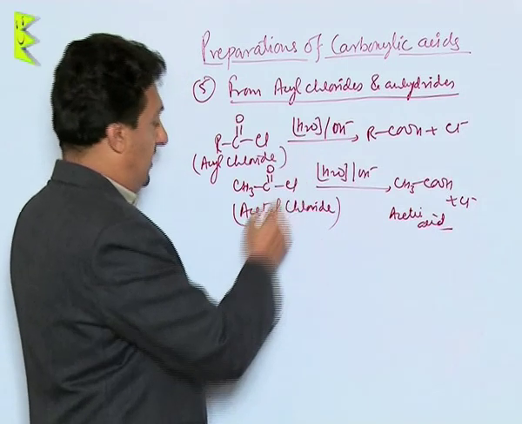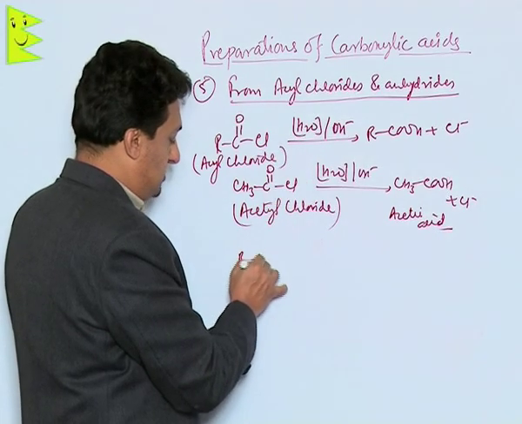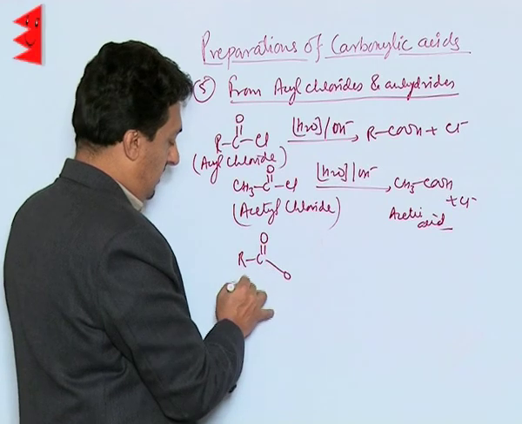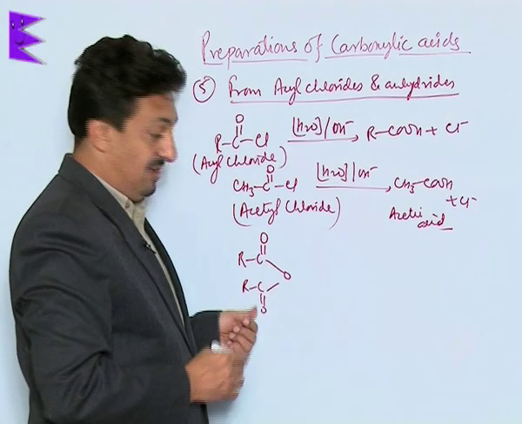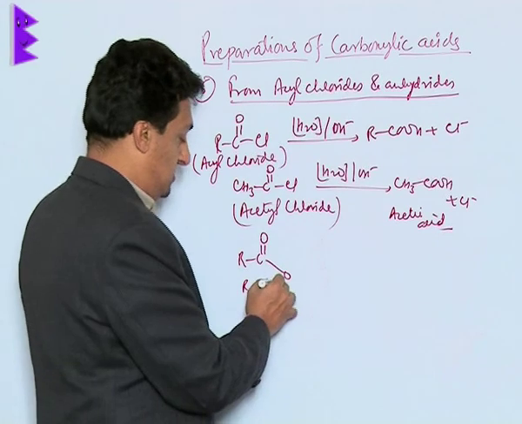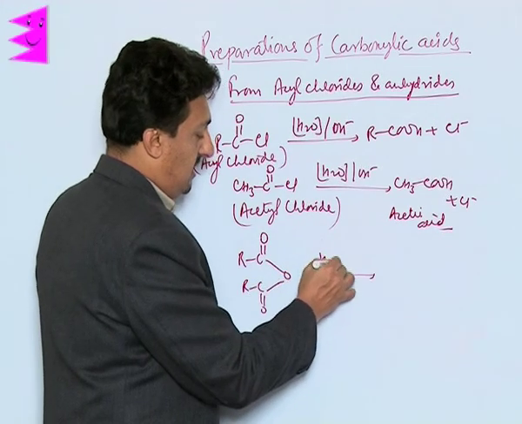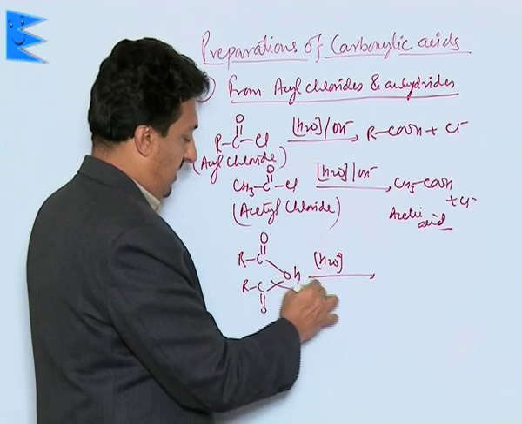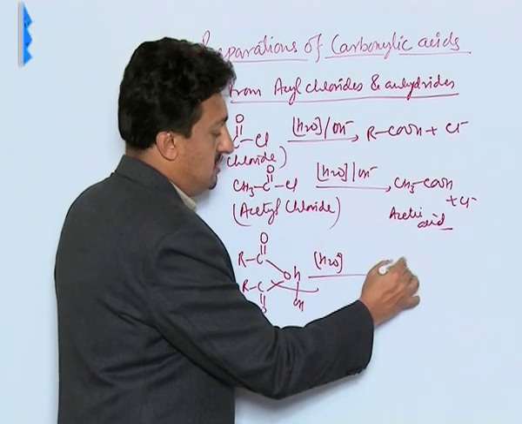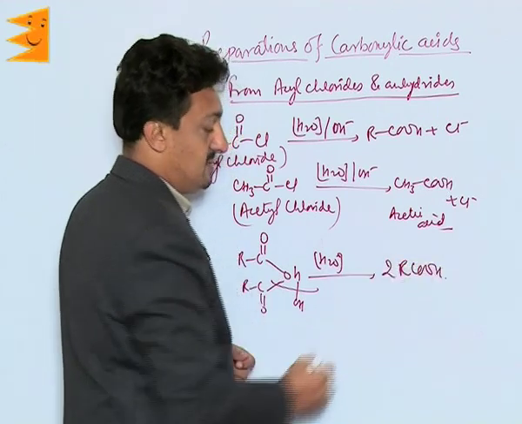Another thing is this, we can use anhydrides also. Anhydrides, I think you all know, have two carboxylic groups joined to each other through a common oxygen. On simple hydrolysis, this will give us 2 molecules of carboxylic acid.